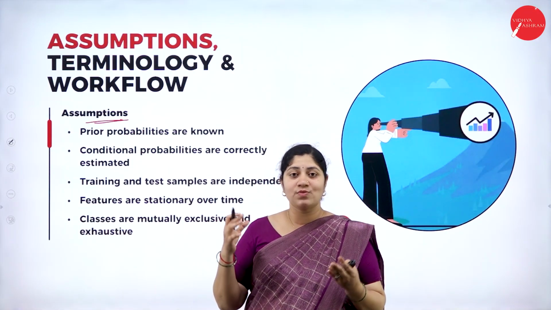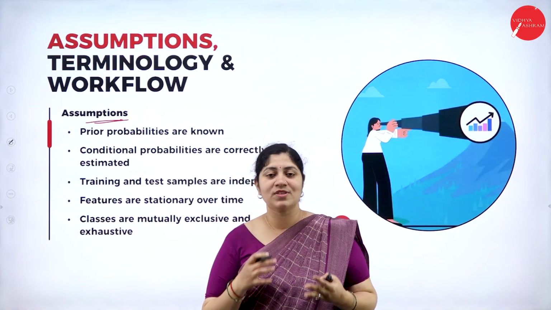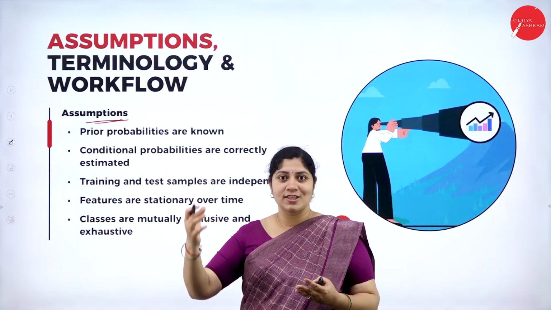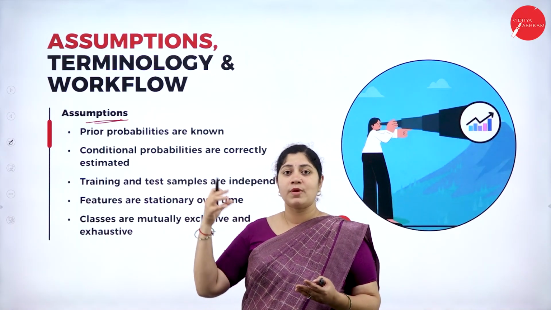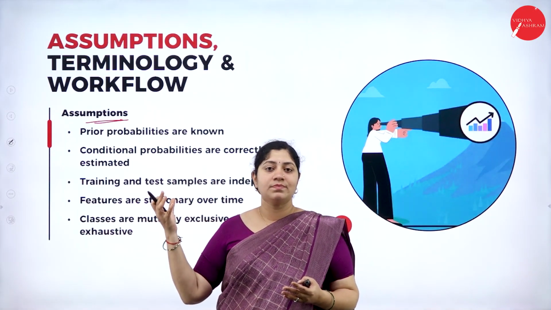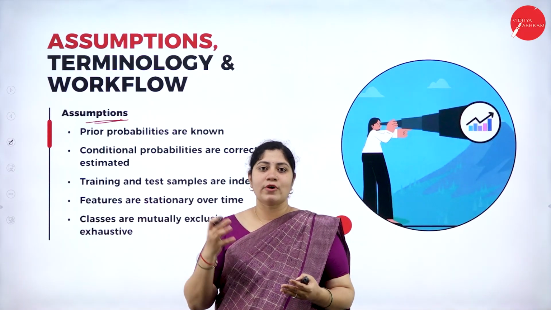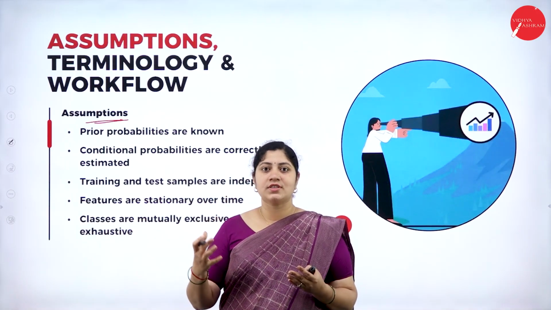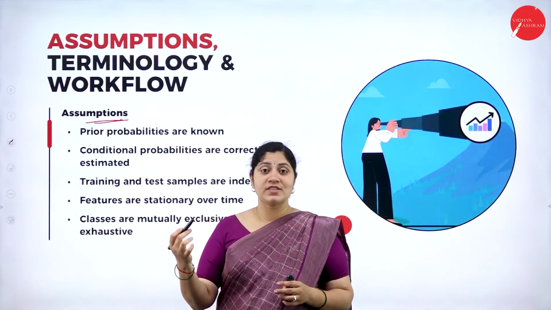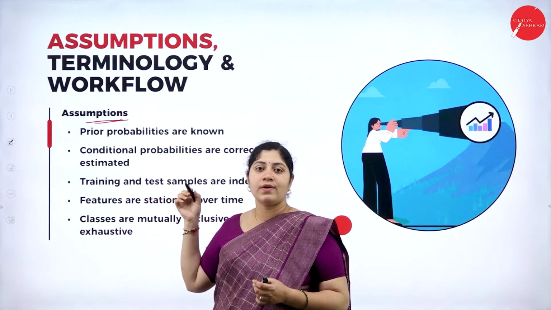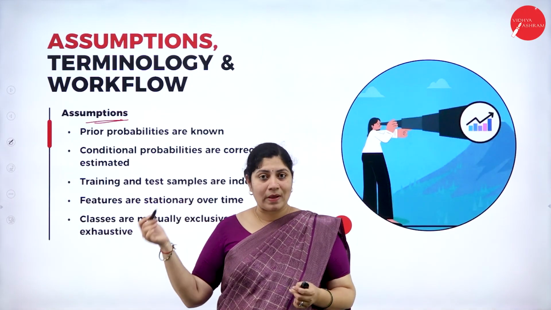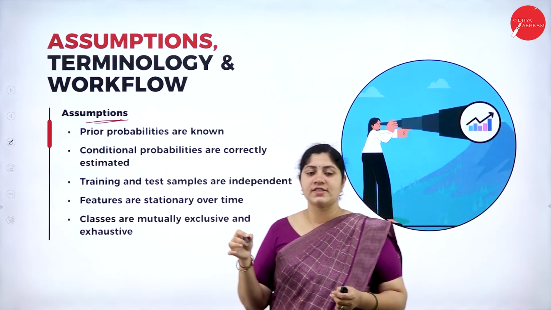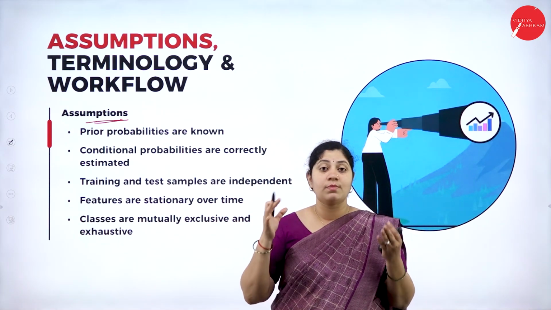As we know, the first thing that comes to our mind when we consider Bayes classification is that there will be prior knowledge of the data set, correct? So for that, we can predict the information. Thus, our first assumption is that there will be prior knowledge of probabilities, or in other words, the prior probabilities will be known.